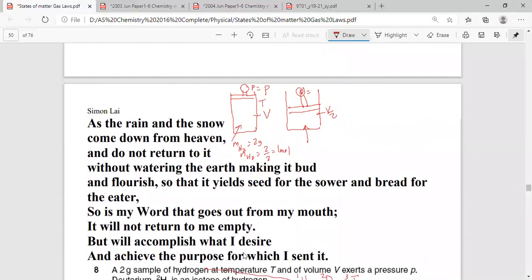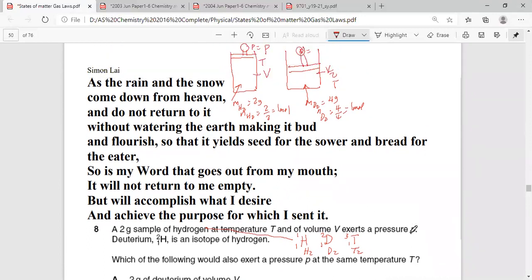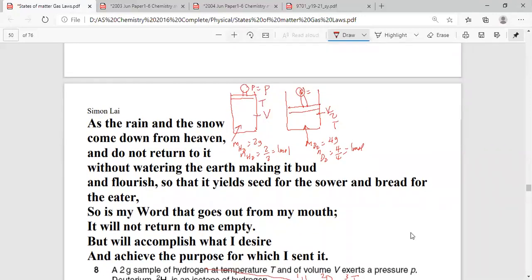Mass of deuterium, D2, is 4 grams. So number of moles of deuterium is 4 over 4, equal to 1 mole. Temperature is also T. Same temperature, 1 mole, volume is half, so the pressure is what?